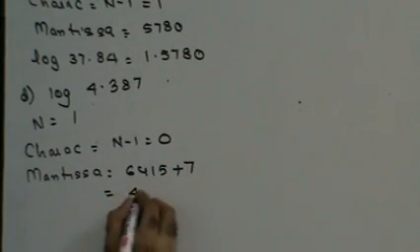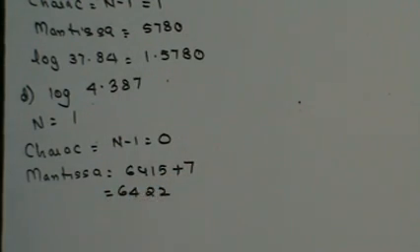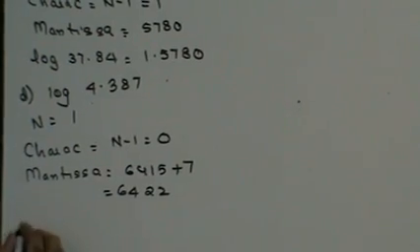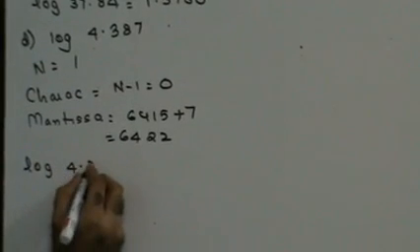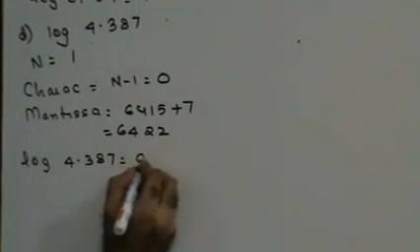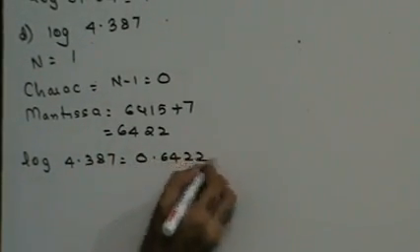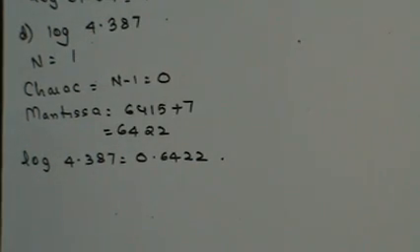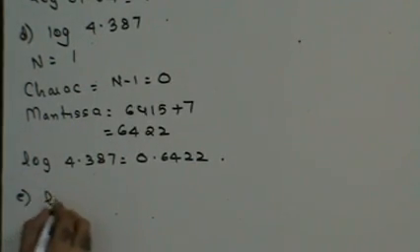So this is going to be 6422. Therefore, I can say log of 4.387 is 0.6422. Right?